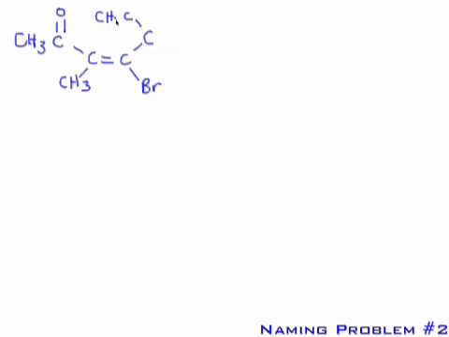Next problem, we have a CH3 attached to a C double bond O. That is attached to a C that has a CH3 and a double bond carbon, bromine. This carbon has a C with 3 CH3s off of it.